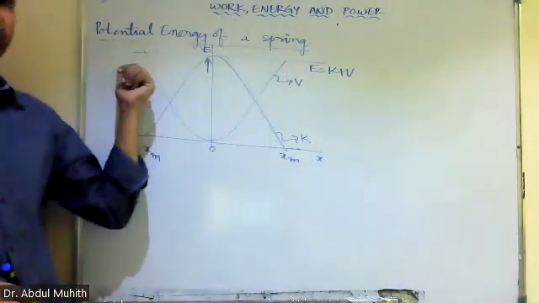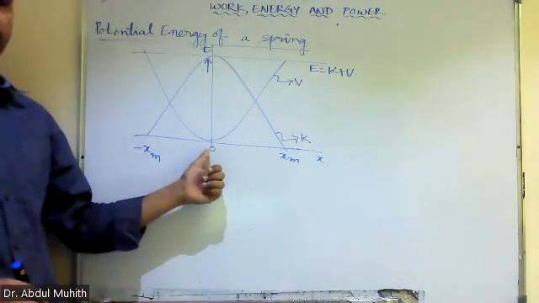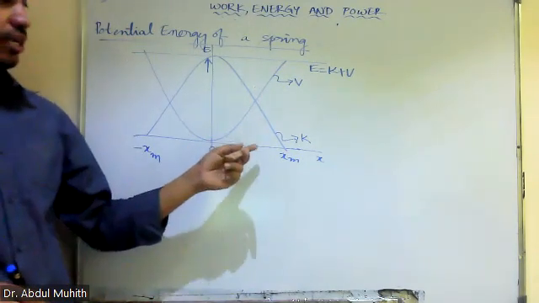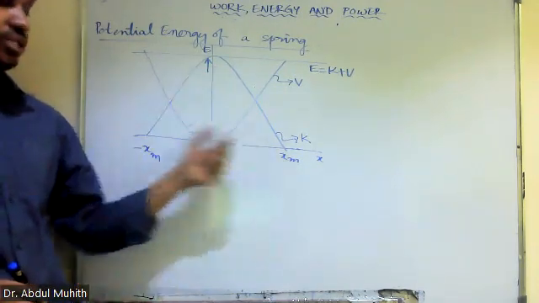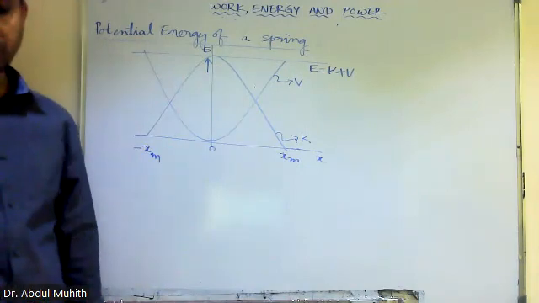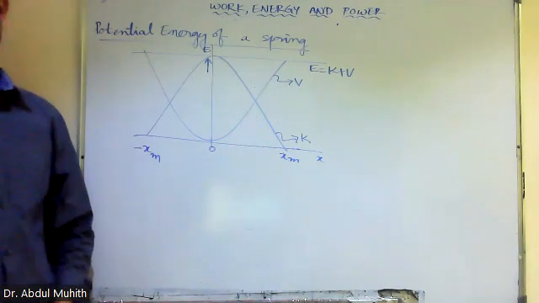Potential energy is maximum at the extreme positions and zero at the mean position. Kinetic energy is maximum at the mean position and minimum at the extreme positions. So this is the graph, very important. Remember this one.